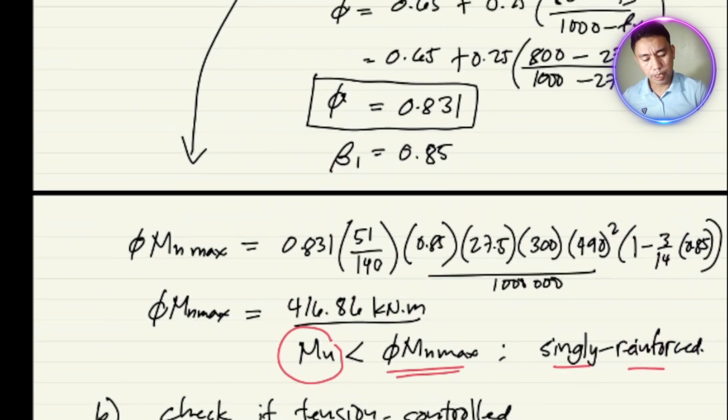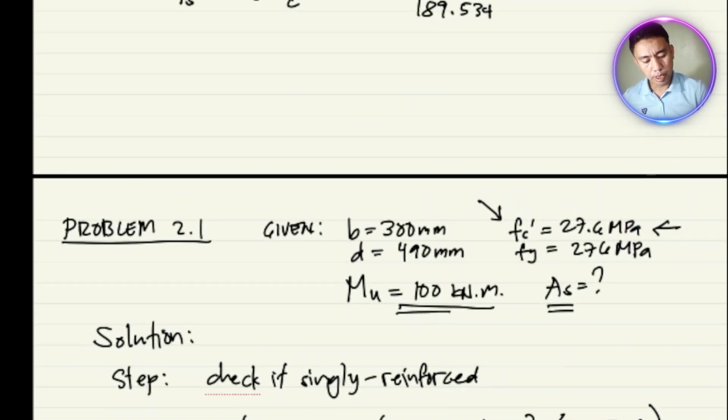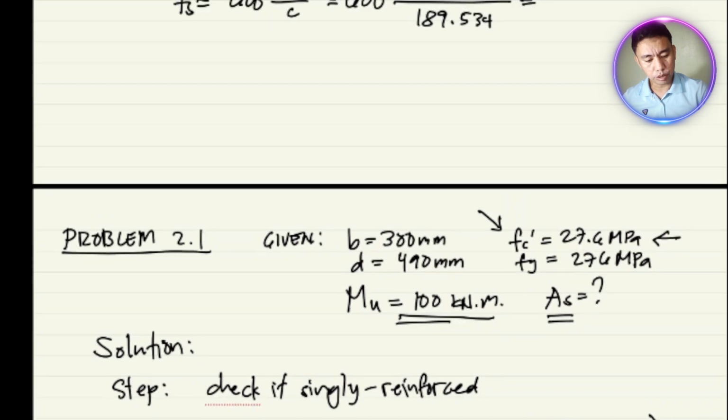So that's how you compute the AS given the MU. And then in practice, actually ito na naman talagang ginagawa natin sa practice. We need to solve the AS given yung MU. Ang MU, makukuha mo ito sa structural analysis.